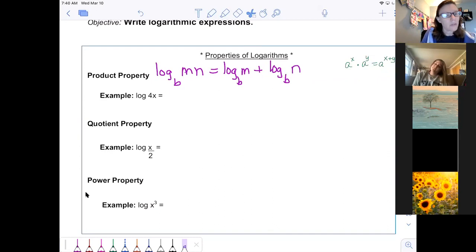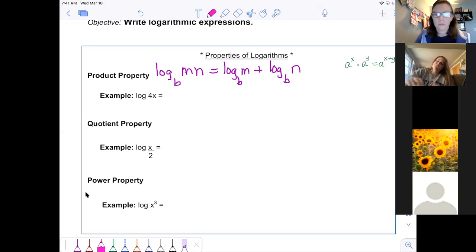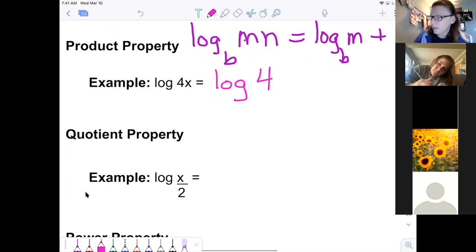So Ava R, if we have the log of 4x, how could I write that with the product property? Would it be the log of 4 as the base, or no? So if the base isn't there, what's implied? It's 10, yeah.